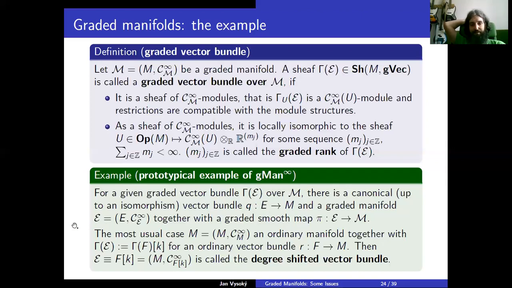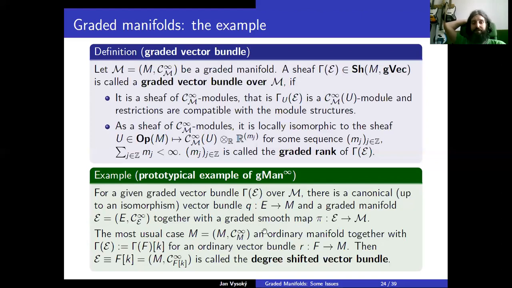So I define a graded manifold E such that the underlying manifold is this vector bundle, and I have some sheaf of functions on this curly E. And there is also a graded smooth map from curly E to curly M. So I can take the graded vector bundle defined here and produce a graded manifold, which means that I can call this E the total space of my graded vector bundle, and this total space is a graded manifold.